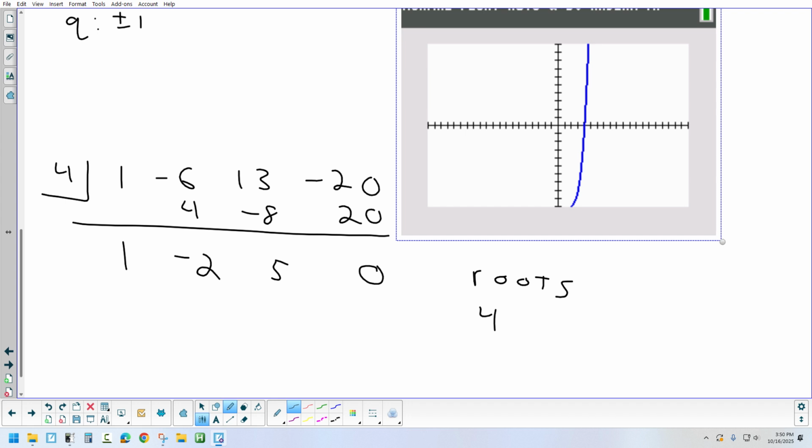What do I use here to get my other 2 roots? Like what part of my answer do I need to use now? In the synthetic division, what are you looking at now?